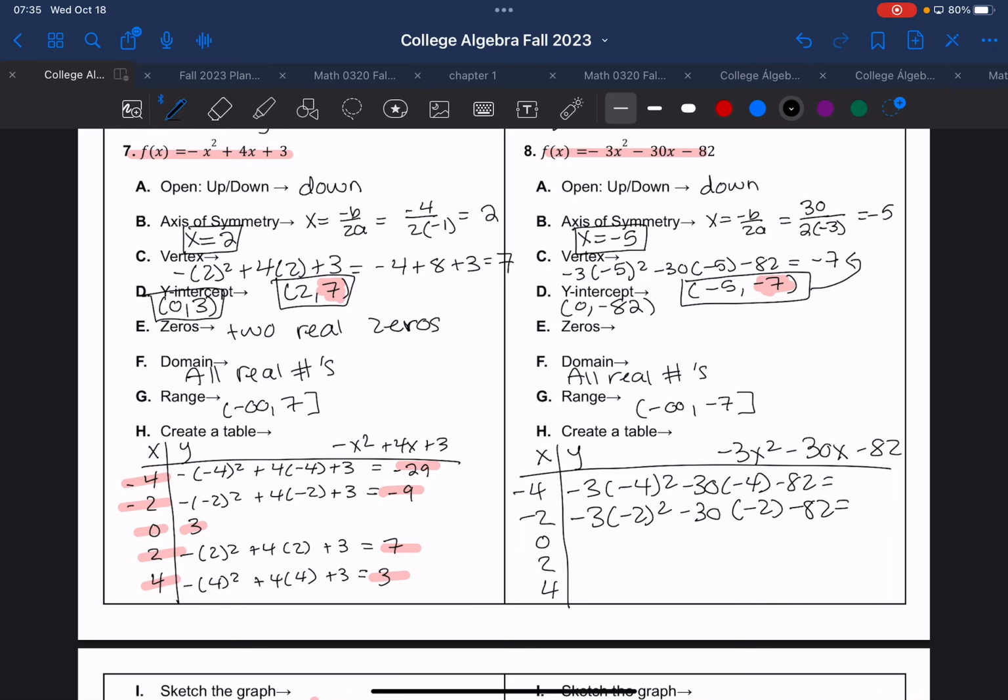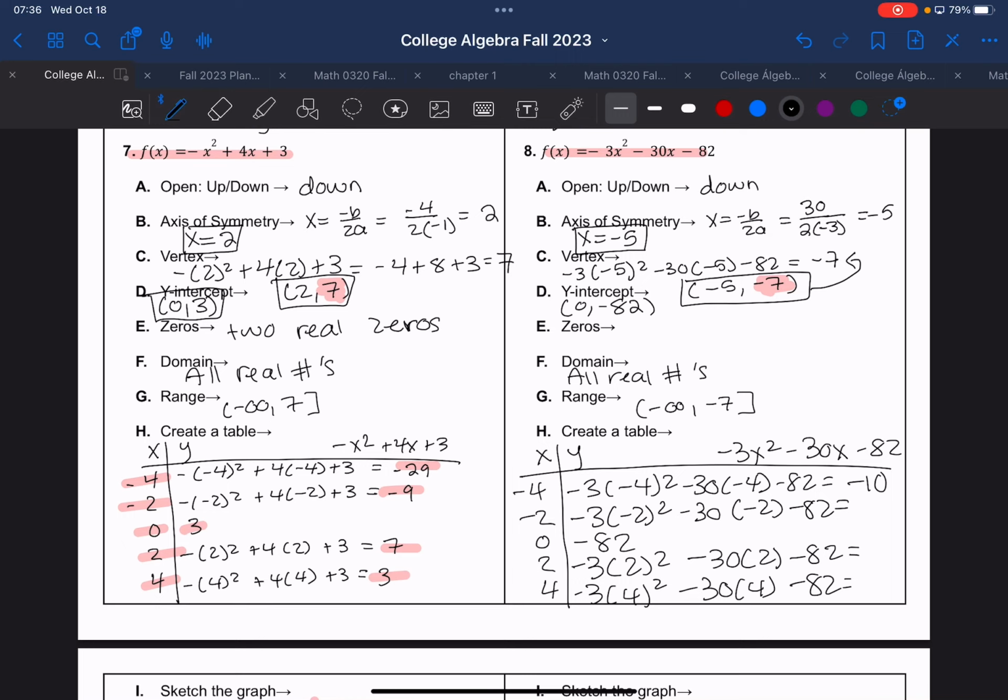And then we already know that when we plug in 0, we get negative 82. Now I'm going to start plugging this into my calculator. So the first one, we should have got negative 10.